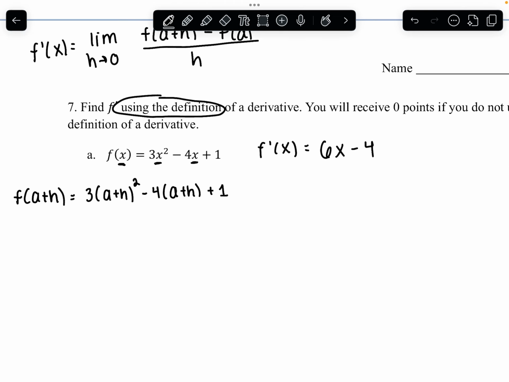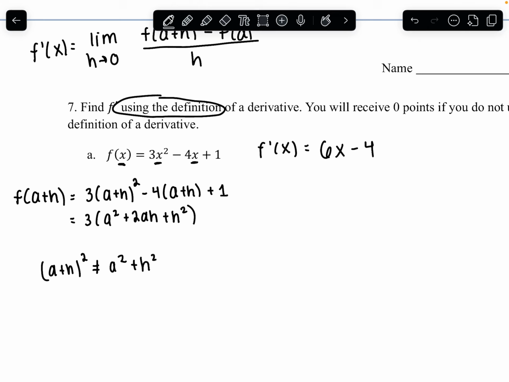All right. We might as well go ahead and multiply this out while we're here. So this is going to be 3 times a squared plus 2ah plus h squared. Common mistake is writing this.